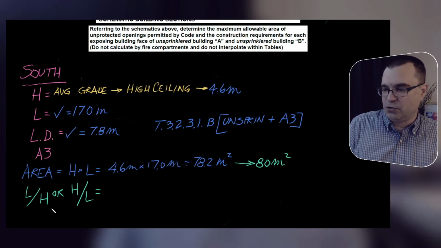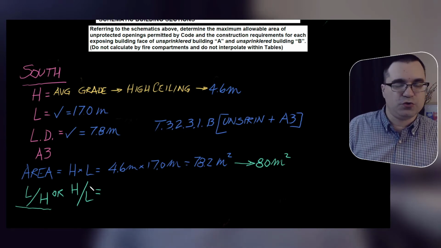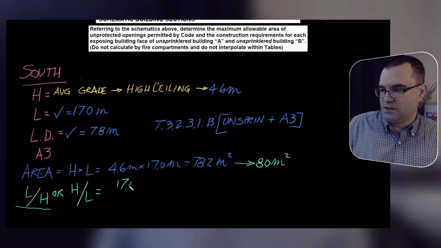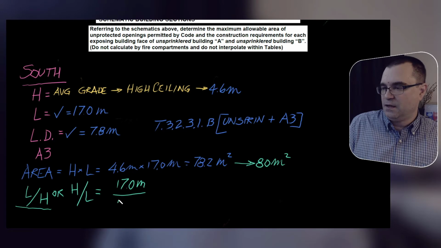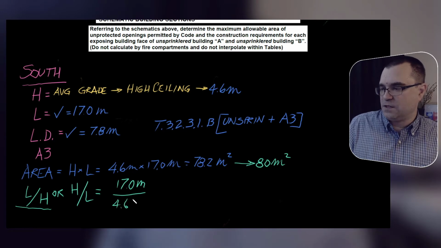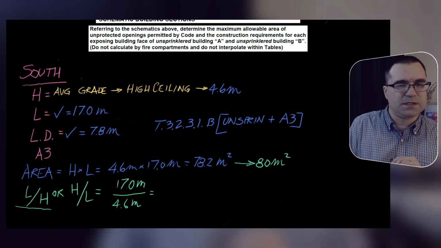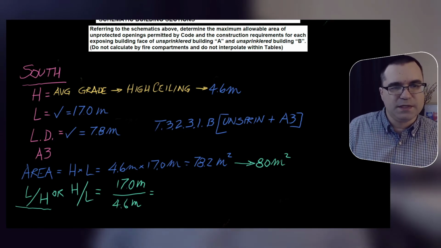So that's what I'm going to do. I'm going to find this ratio here, L over H. It's going to be 17.0 meters divided by 4.6 meters. And best 2 out of 3. What do I get from this? 3.69.